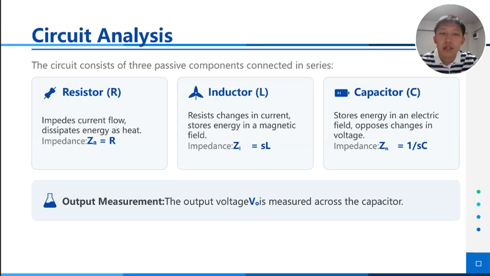The resistor has a constant impedance R. The inductor has an impedance of sL, and the capacitor has an impedance of 1/sC.